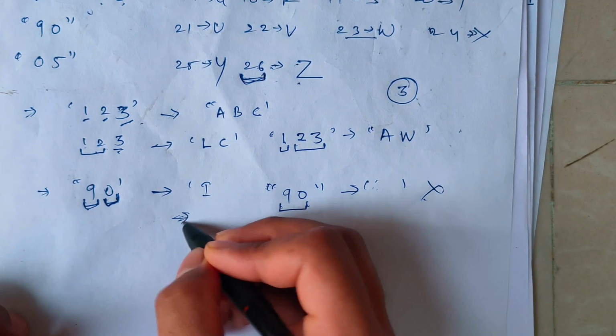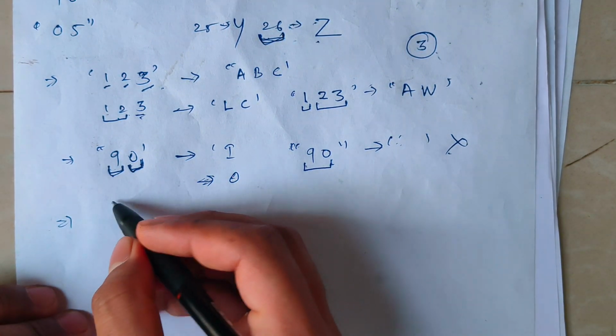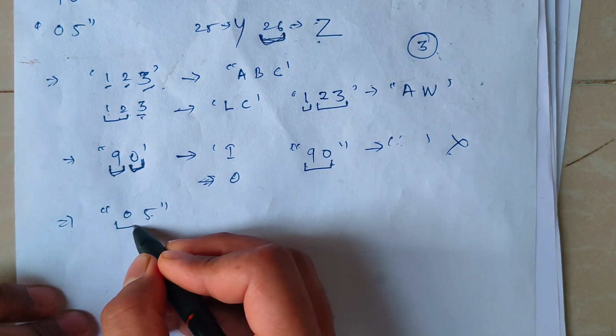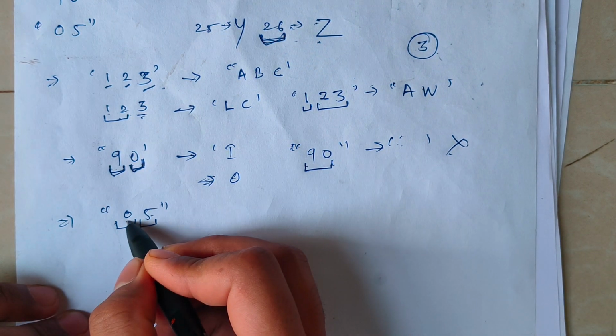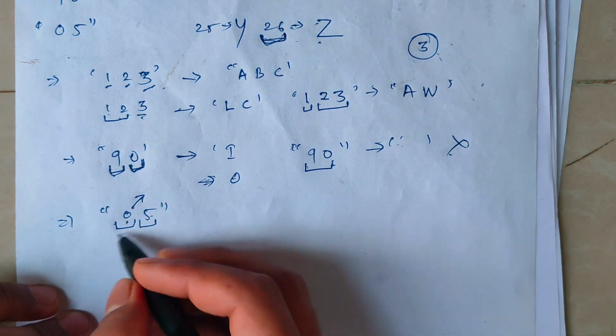So in this case we need to return 0. And if we take another case, 05, if we take a single 0, there is no mapping of 0, so we cannot take it singly.